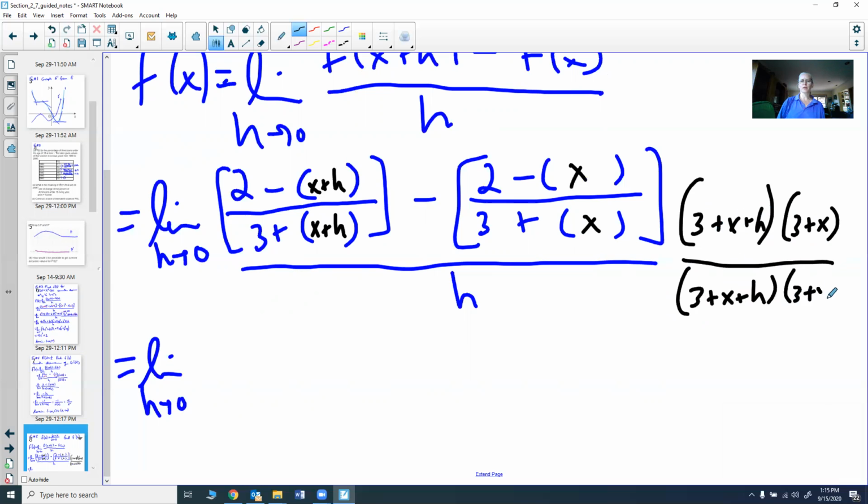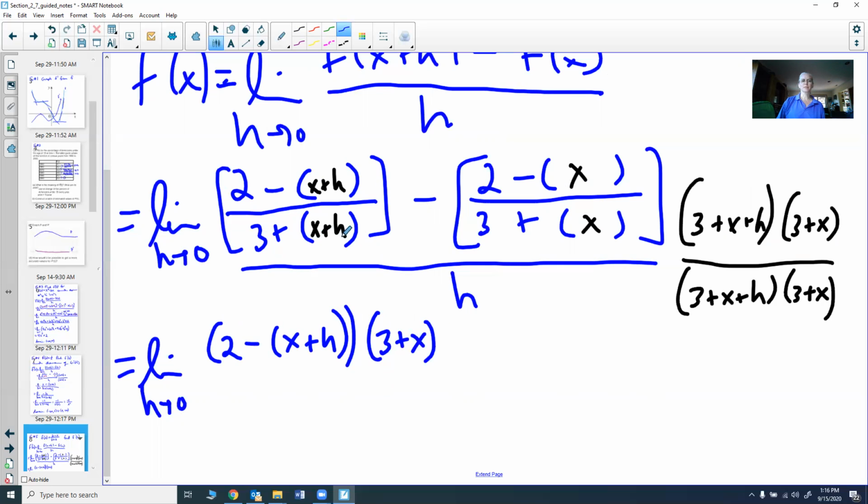So remember, whatever you do to the top, you do to the bottom. I again would not multiply out the bottom because you're going to be factoring back again. So if you multiply it out, you're just going to be creating more work for yourself. Now go ahead, multiply this common denominator times the first fraction. You'll have what you have left in the numerator, 2 minus x plus h, times the 3 plus x, because the 3 plus x won't cancel.